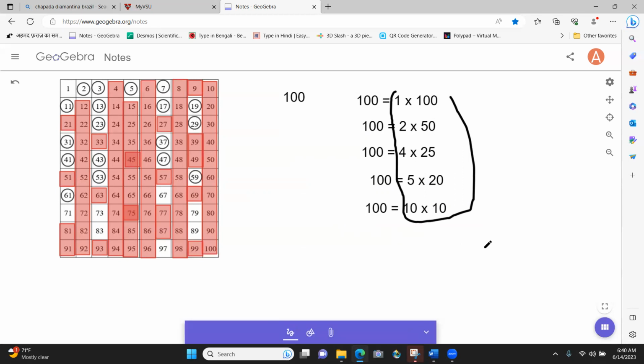So you only have to check up to the square root of the number. And if you keep on checking with bigger numbers, you will see 11 won't work, 12 won't work. Like next one you'll get is 20. Nothing else will work. Then the next one you'll get is 25, 50, but they're already here.